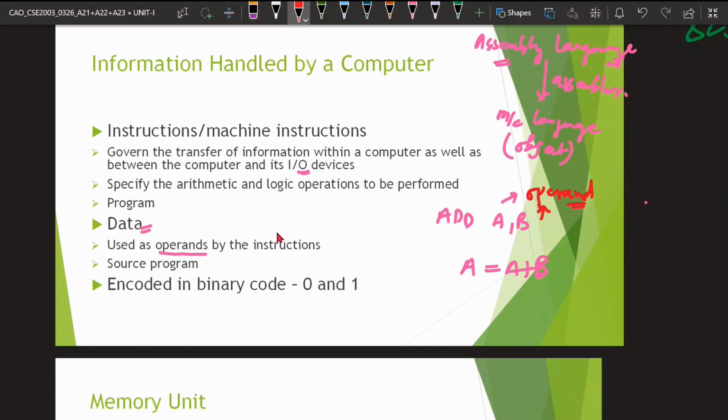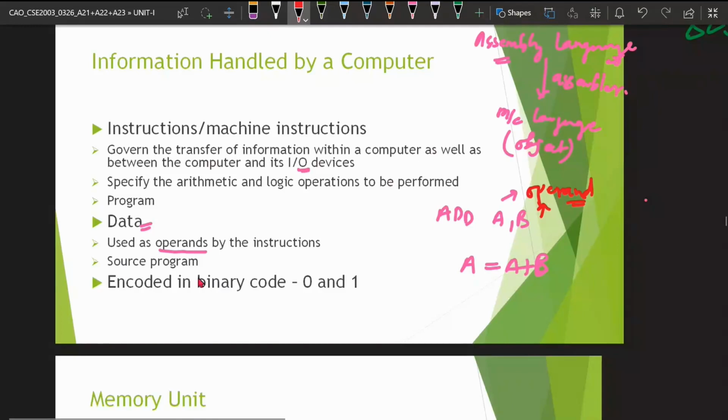The source programs are basically encoded in the form of zeros and ones. For user understanding, these are written in assembly language, which uses mnemonics. Add is considered a mnemonic, and once we see add a comma b, we understand that it is going to perform the add operation.